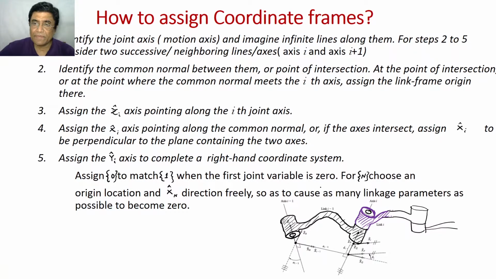So this is an intermediate link, I, and I minus 1. This is the I plus 1 link. Similarly, I minus 1 it could be. So it's a serial kinematic chain.